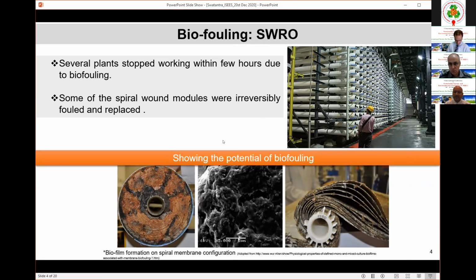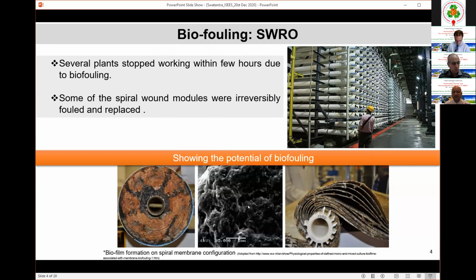So it's very critical. People have to put in a lot of monitoring and control, checking microbial contamination and what kind of nutrients are reaching the main RO module. If we are not controlling it, it can create a lot of problems. So this shows the potential of biofouling, and it can happen at a very fast rate.